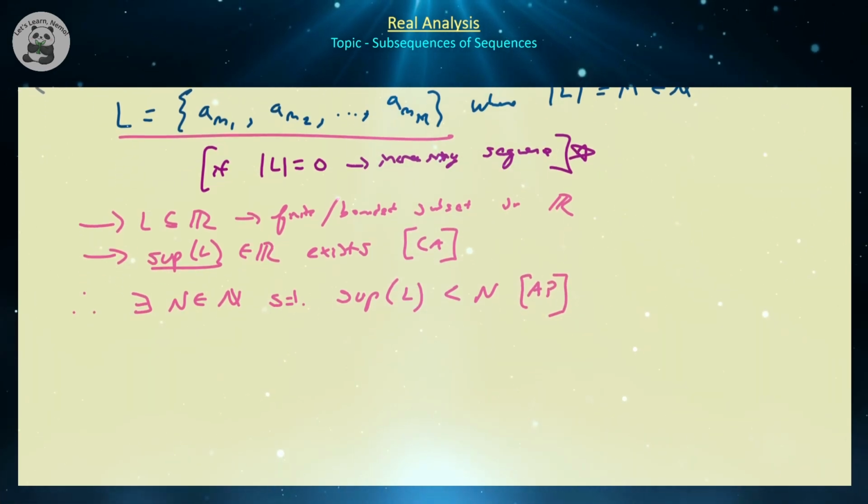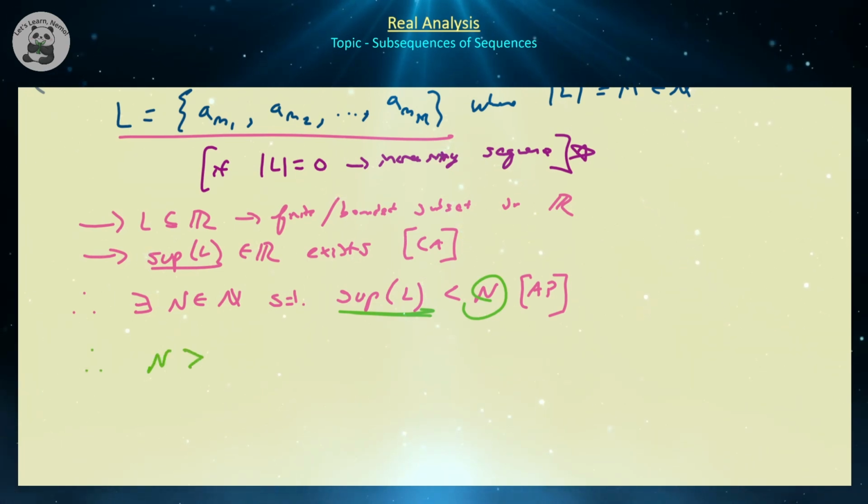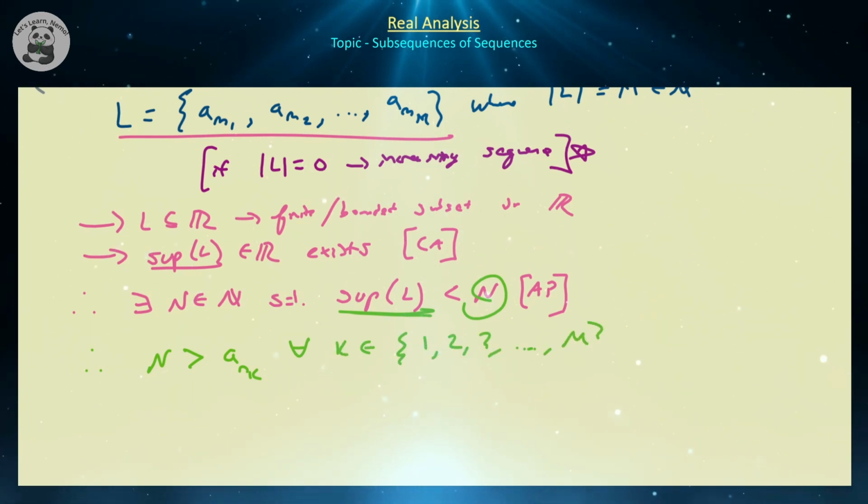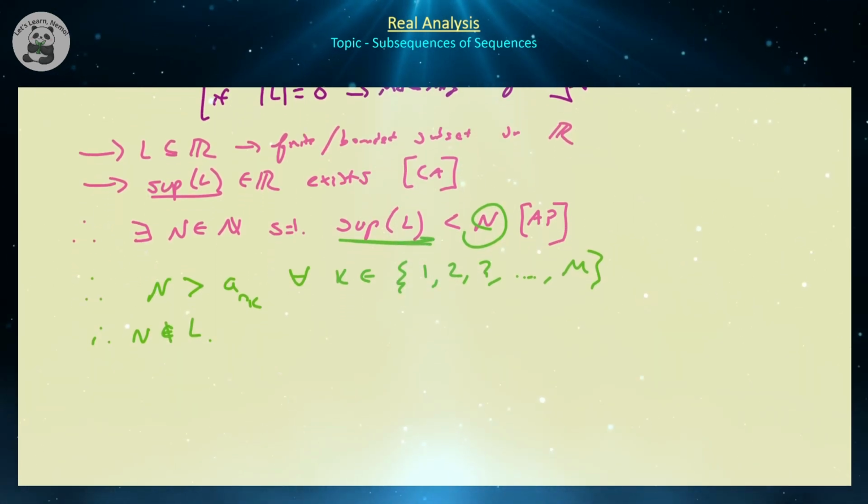So since n is bigger than the supremum of our leader points, that means that n is greater than a_k, and that's going to be true for all k in the set 1, 2, 3, up to capital M. So that means that n is not a leader point for that sequence.